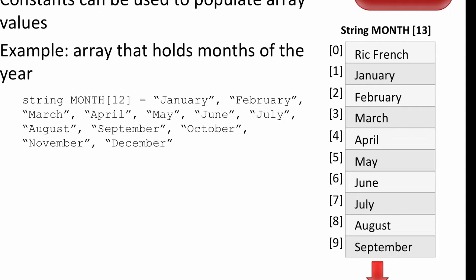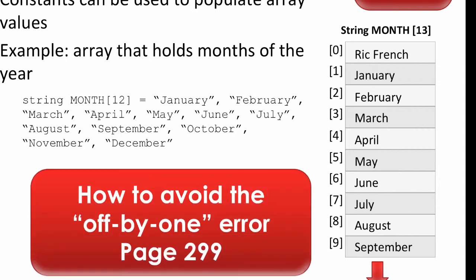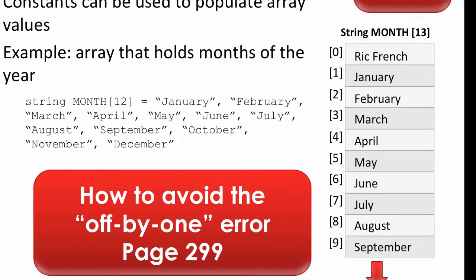Then 1 is January, 2 is February, and 3 is March, just exactly as I would have expected when I typed it in. If I say month 9 is September, I expect that, and it is in the array as well. So that's the way around that 0 error. This is how to avoid the off by 1 error, and it's on page 299.